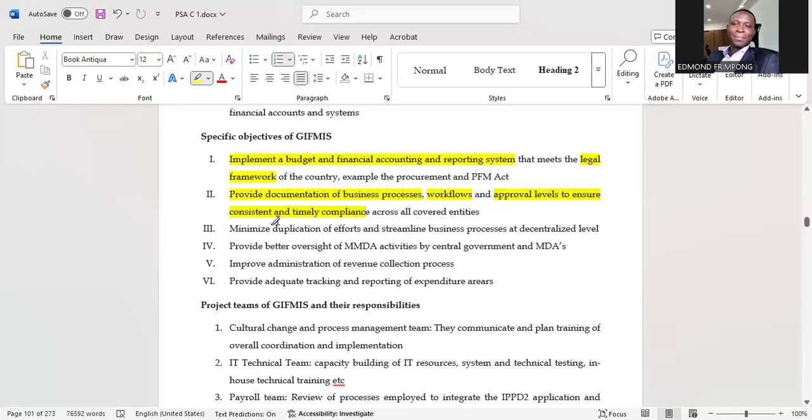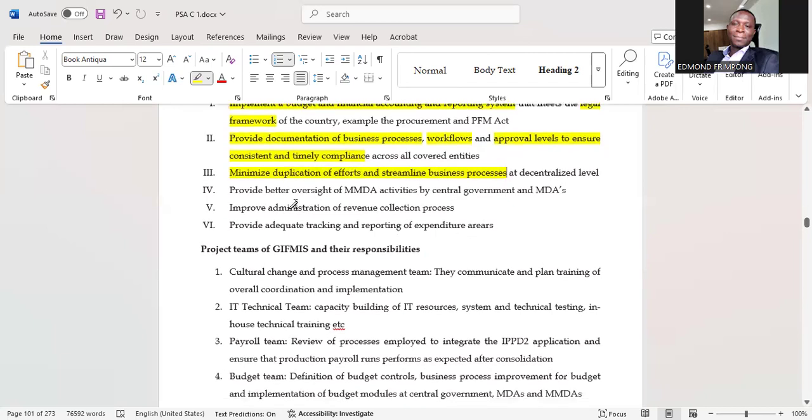We are trying to look at how the internal control system can be implemented, monitored, and then evaluated. GIFMIS, as usual, has come to minimize duplication of effort and streamline business processes.